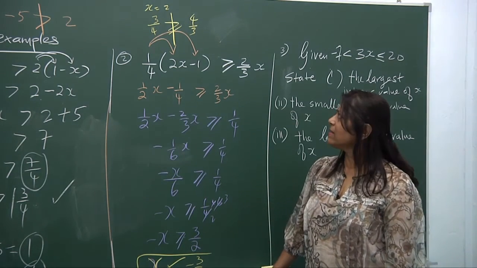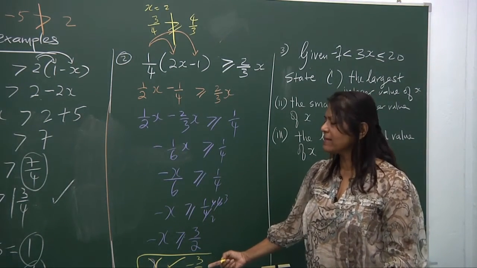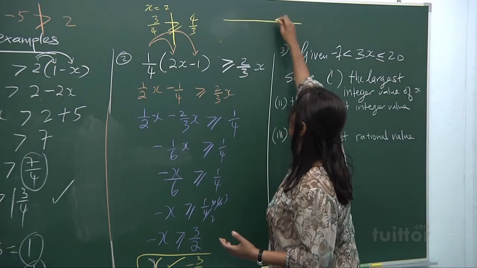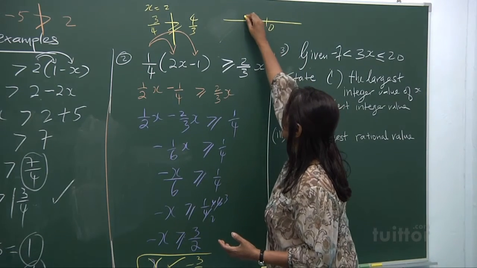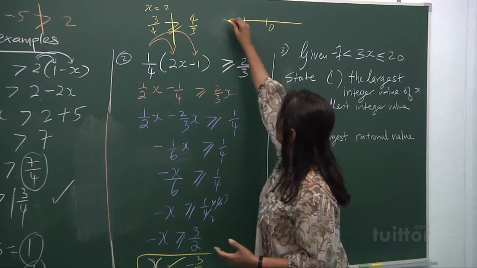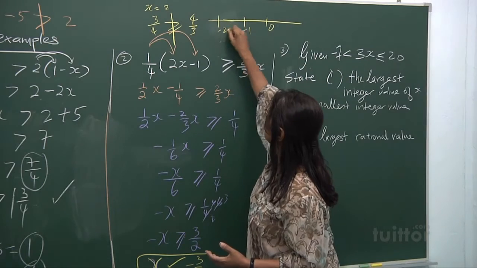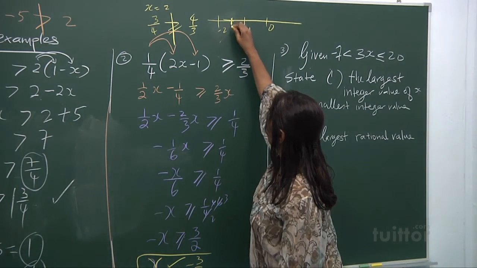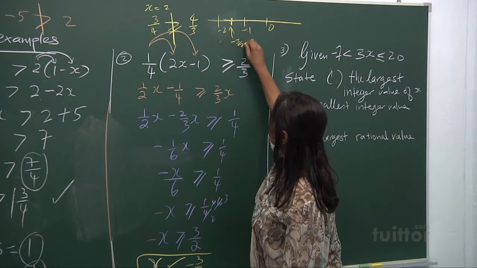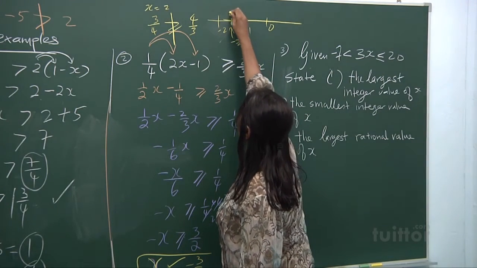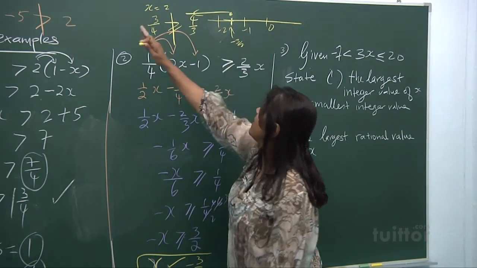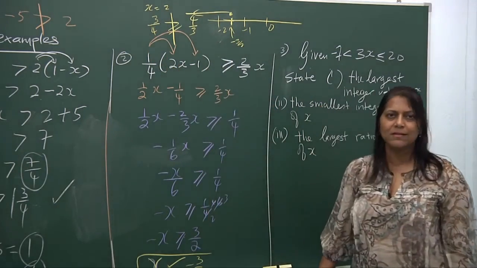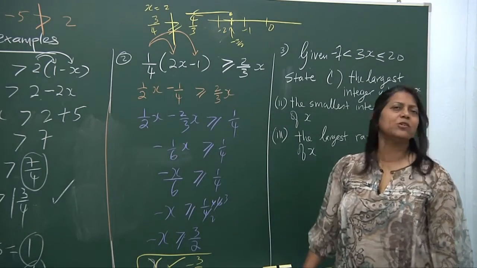Let's take a case that satisfies it. X is smaller than minus 3/2. If we draw a number line, this is 0, this is minus 1, this is minus 2, and minus 1.5 is here. That point is minus 3/2. From this point onwards, any number you fit into the equation will satisfy it.